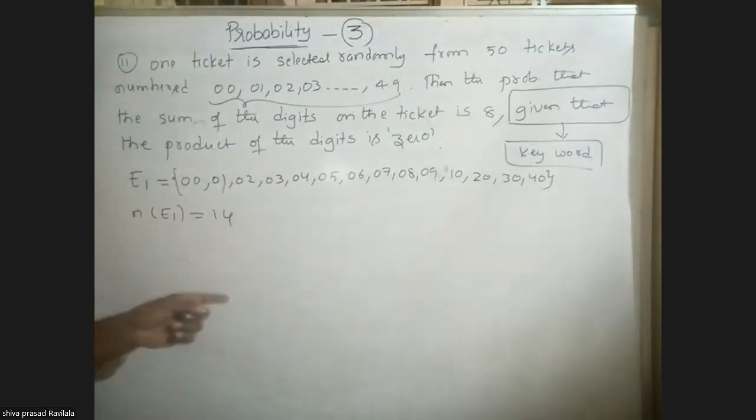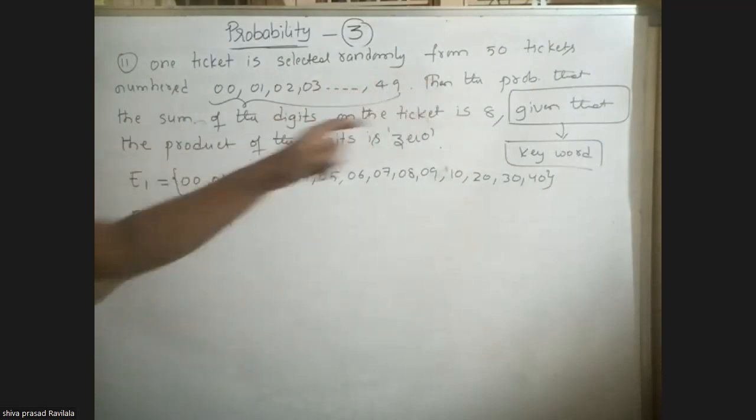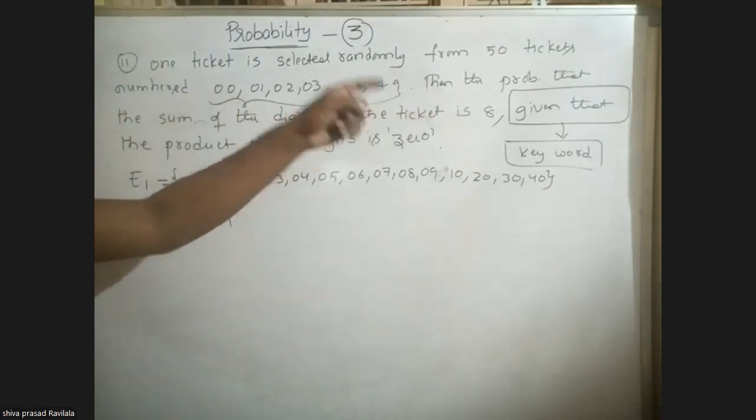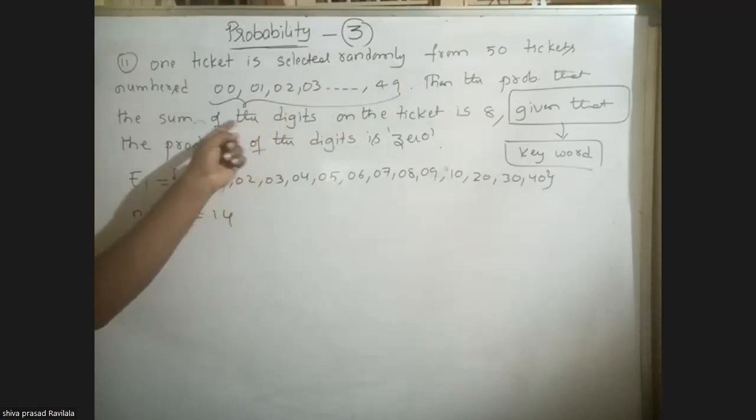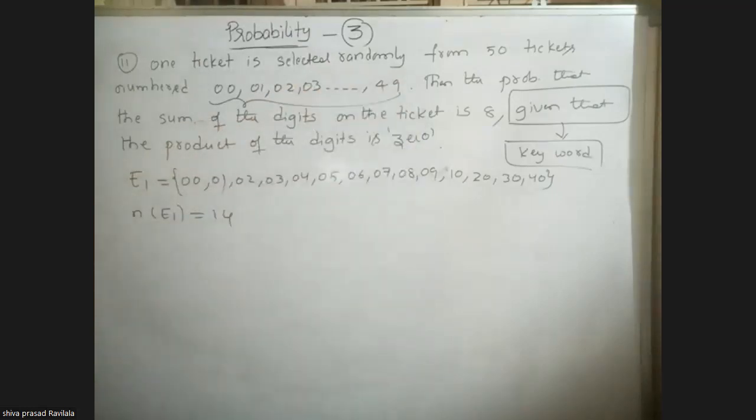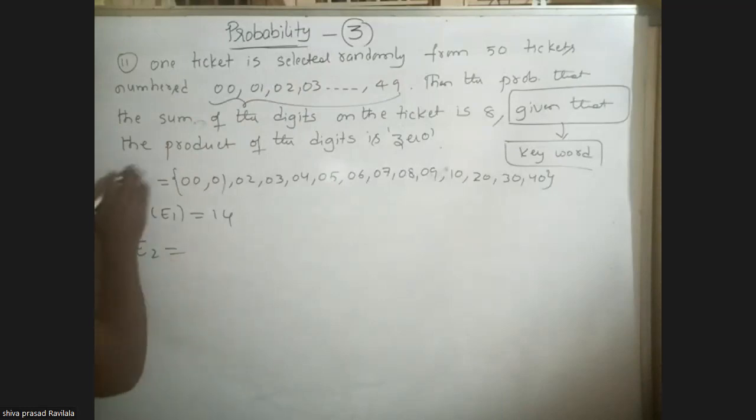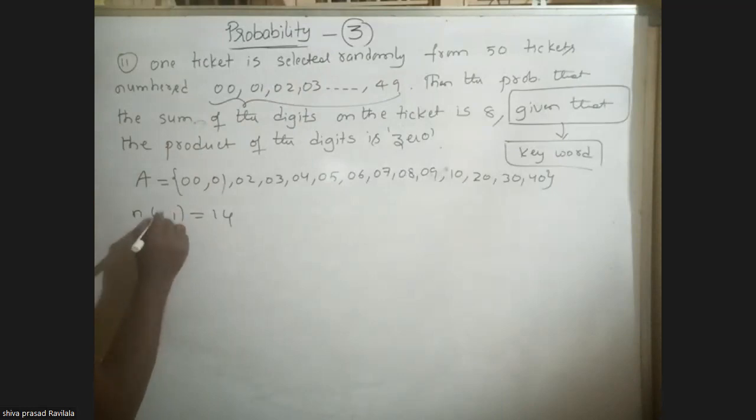In this condition, what is given is the probability that the sum of the digits on the ticket is 8. How do you collect that E2? Or for convenience consider A here and B here, and A and B. B: sum of the digits will be 8. How do you select?